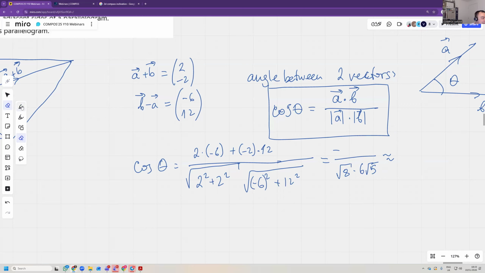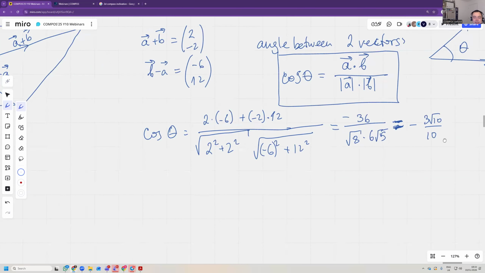Where did they get -36 over root 8 times 6 root 5? Well, that's exactly equal to minus 3 root 10 over 10.